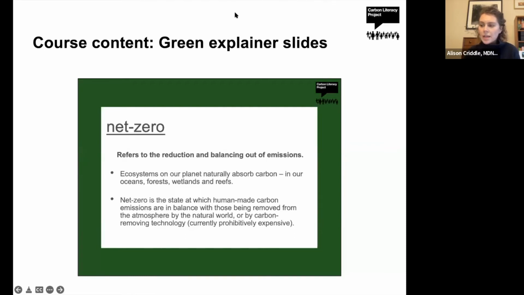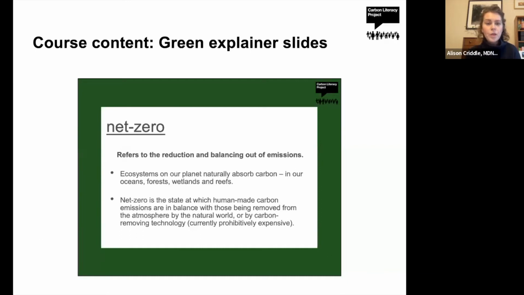So we might be unpacking carbon reduction terms, like the one you see on screen of net zero, as well as some terminology that can help us in our low carbon practices and considerations. So we might explore what the Sustainable Development Goals are, what we mean by greenwashing, and how we can consider intersectionality to better help us embed and align principles of equity and social justice with carbon and climate action.